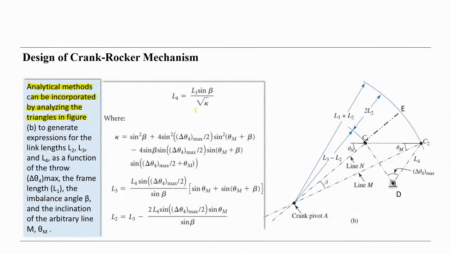So L4 can be calculated like this, L1 sine. Since we can select L1 because of the machine where we are going to apply it, based on the minimum and maximum L1 we can select, we can calculate L4 like this.